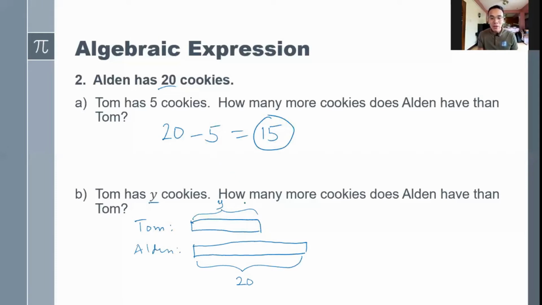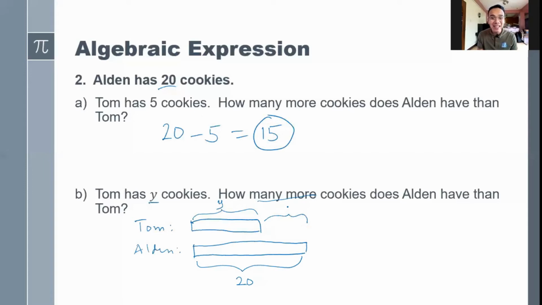So what we are looking for here is the difference between the number of cookies Alden has and the number of cookies Tom has, because the question is how many more. If we're looking for the difference, we're looking for this portion here.